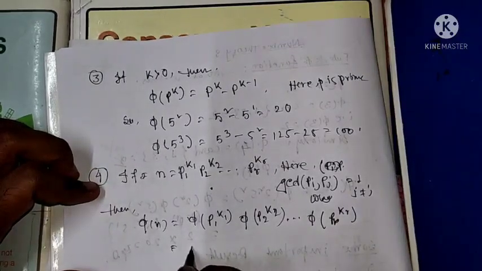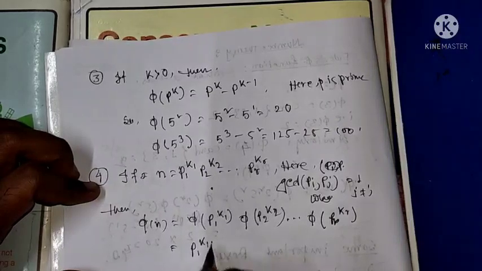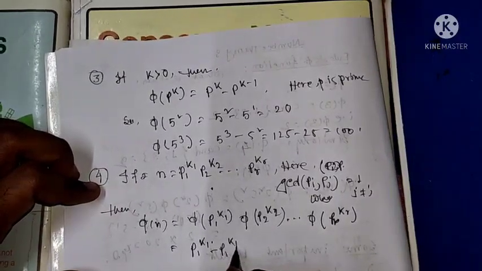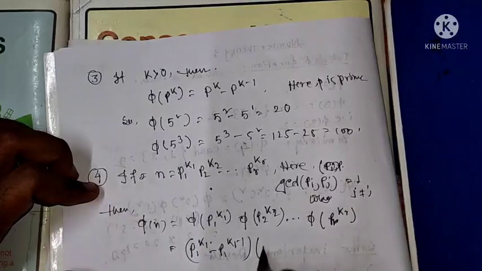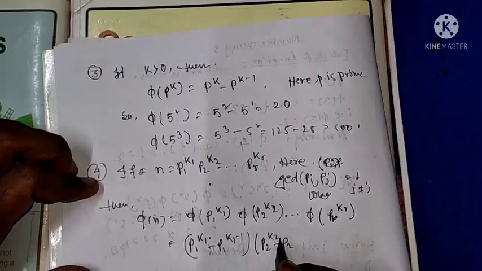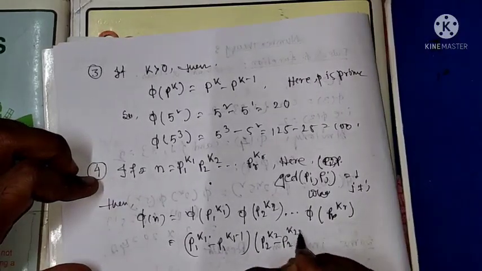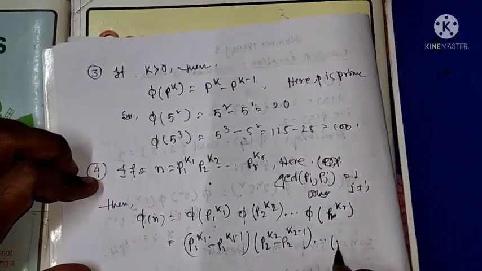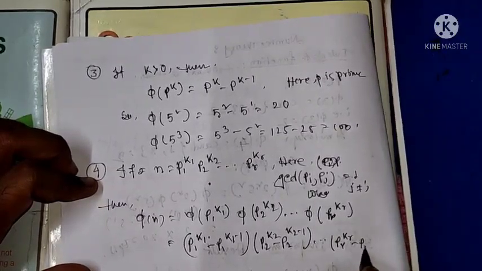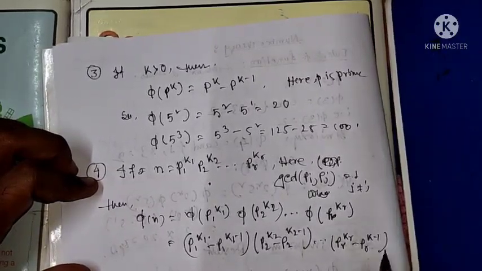This will be p1 to the power k1 minus p1 to the power k1 minus 1, into p2 to the power k2 minus p2 to the power k2 minus 1, into pr to the power kr minus pr to the power kr minus 1.